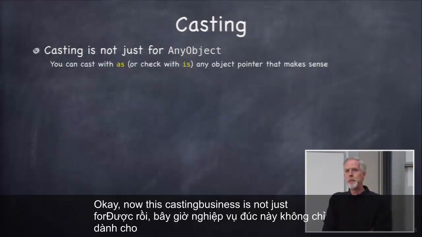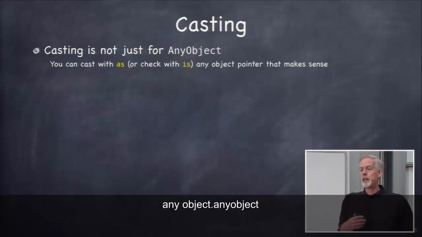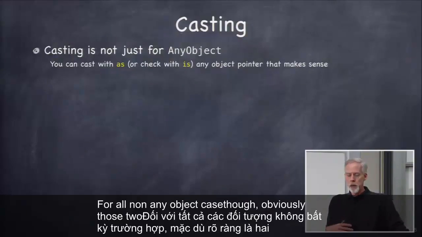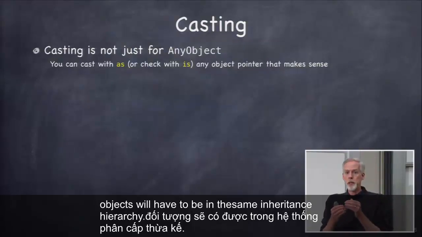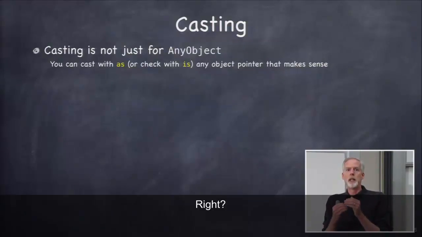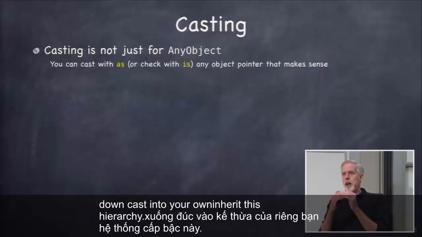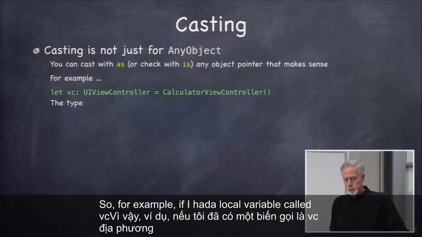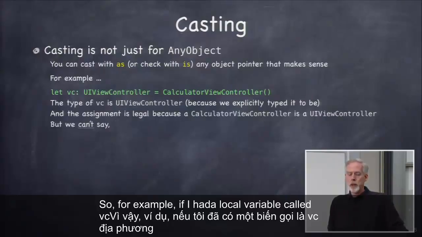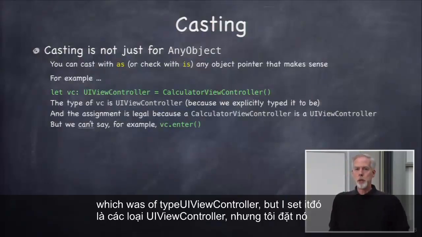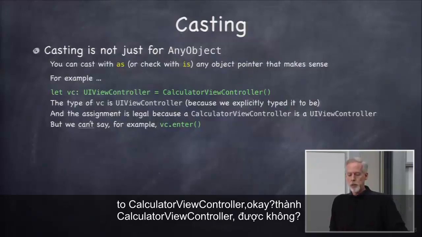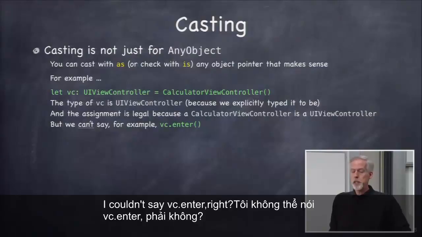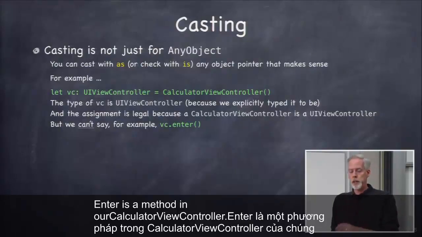Okay, now this casting business is not just for any object. You can actually cast any two objects. For all non-any object cases, though, obviously those two objects would have to be in the same inheritance hierarchy, right? You can only downcast into your own inheritance hierarchy. So, for example, if I had a local variable called VC, which was of type UI view controller, but I set it to calculator view controller, okay? I couldn't say vc.enter, right? Enter is a method in our calculator view controller.